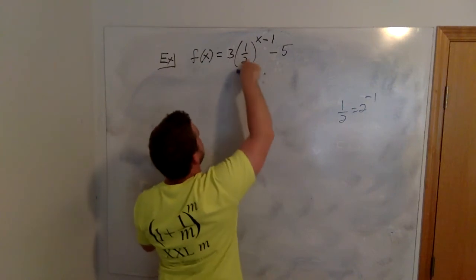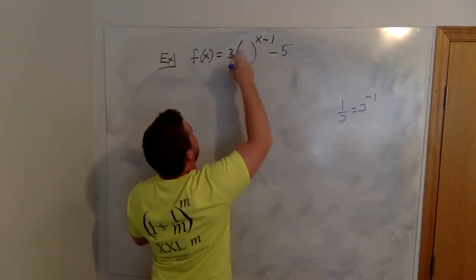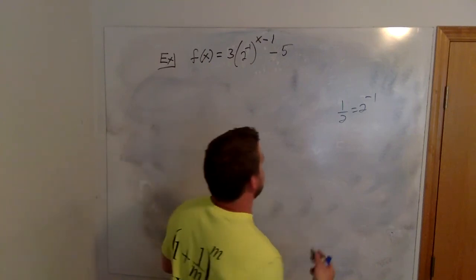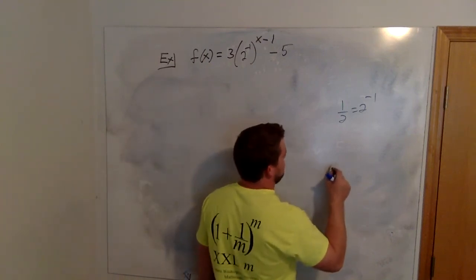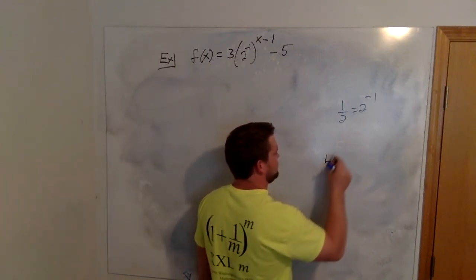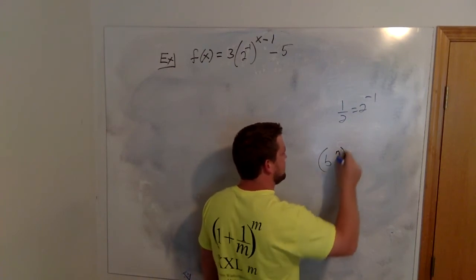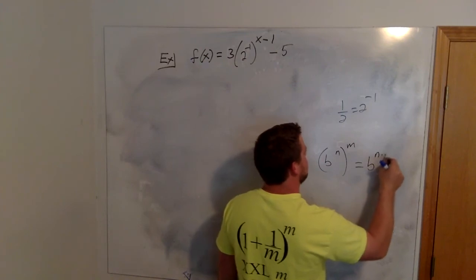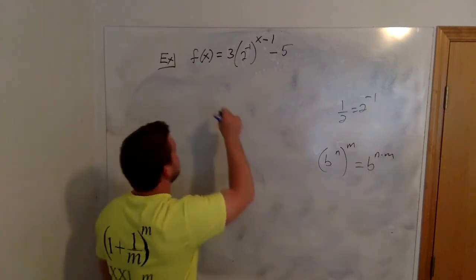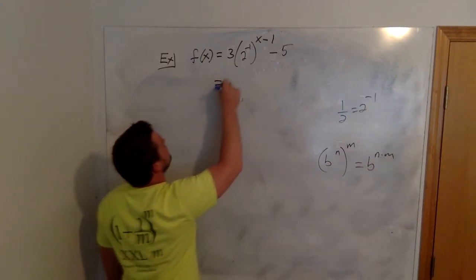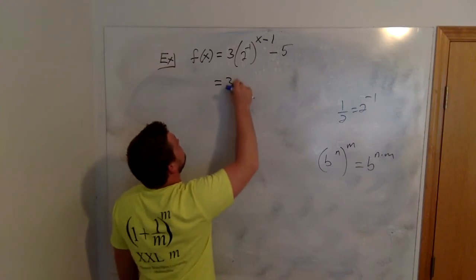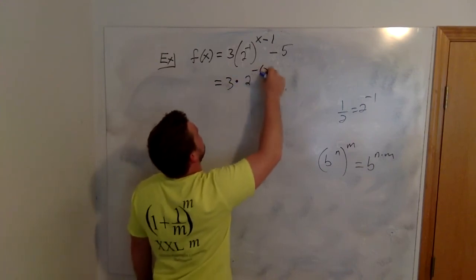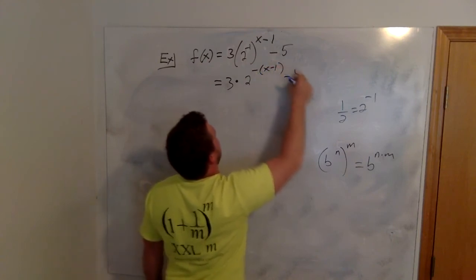So we could have written this 1/2 as 2 to the negative 1. And remember that property of exponents, that if you have a number b raised to the n, raised to the m, this is the same thing as b to the n times m. So this is going to be equivalent to 3 times 2 to the negative x minus 1, minus 5.